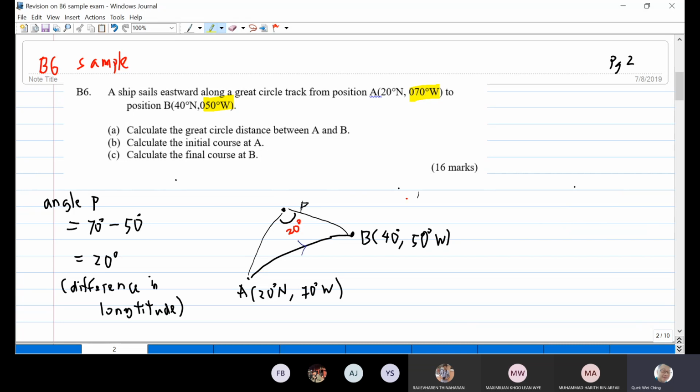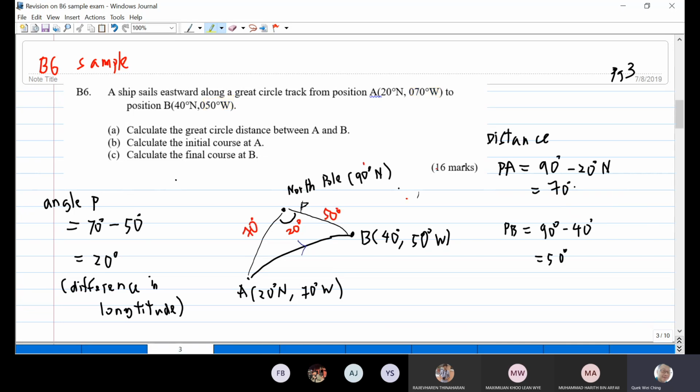All right. So I now find PA. The North Pole is 90° north, right? So what is actually PA now? The angle between North Pole and A. Okay, the angle between North Pole and A is 70. North Pole is 90° north, A is 20° north.